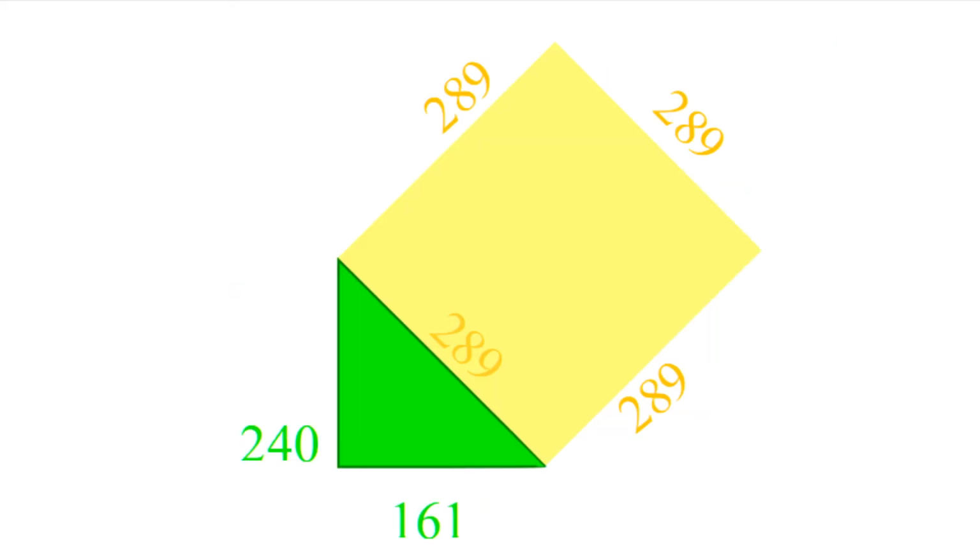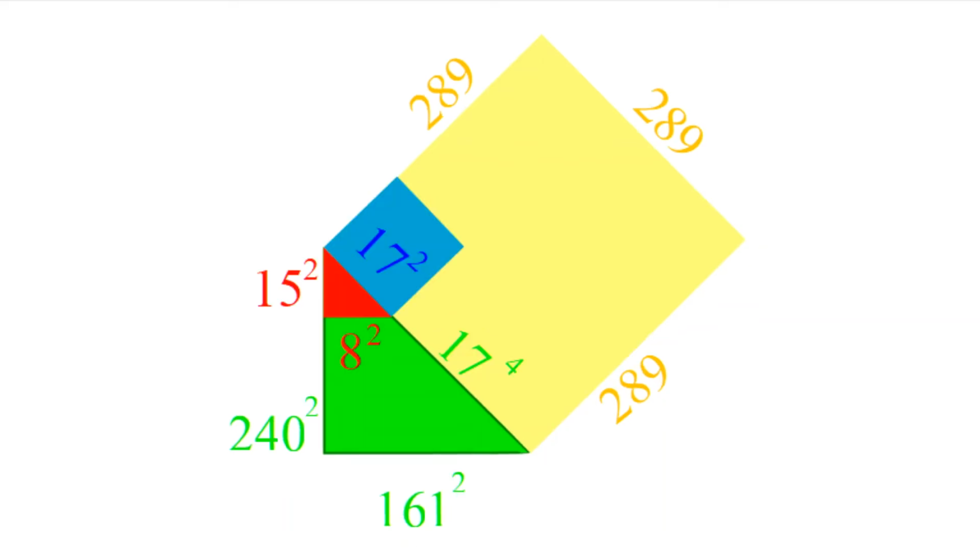And if we square the sides of this 161, 240, 289 Pythagorean triple, we then obtain Pythagorean triple 161 squared, 240 squared, 17 to the fourth. And so we have taken the hypotenuse of Pythagorean triple 8, 15, 17 to the fourth power and created another Pythagorean triple whose sides have been squared.